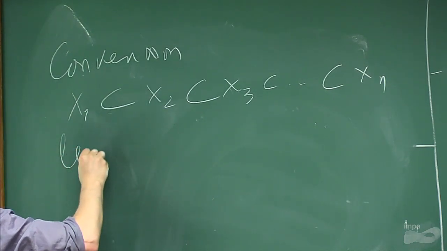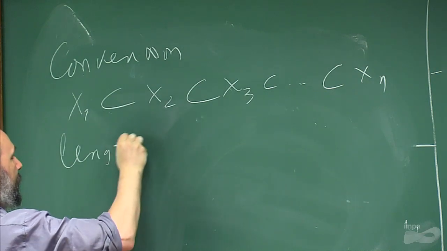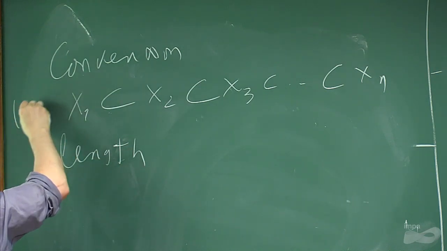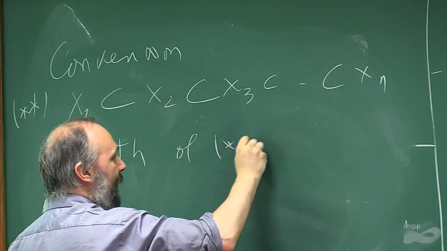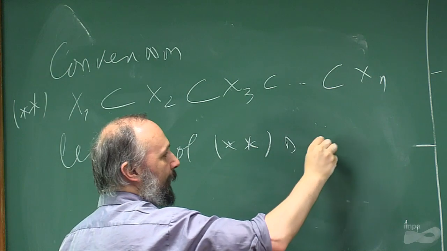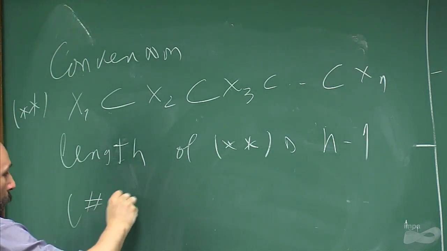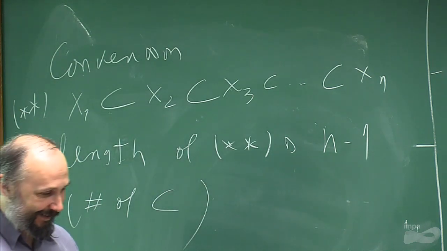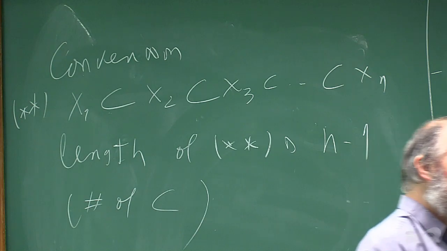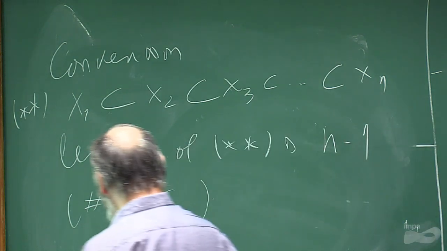The length of this chain is n minus 1. It's the number of these inclusion signs. Well, this simplifies some definitions. This is standard.